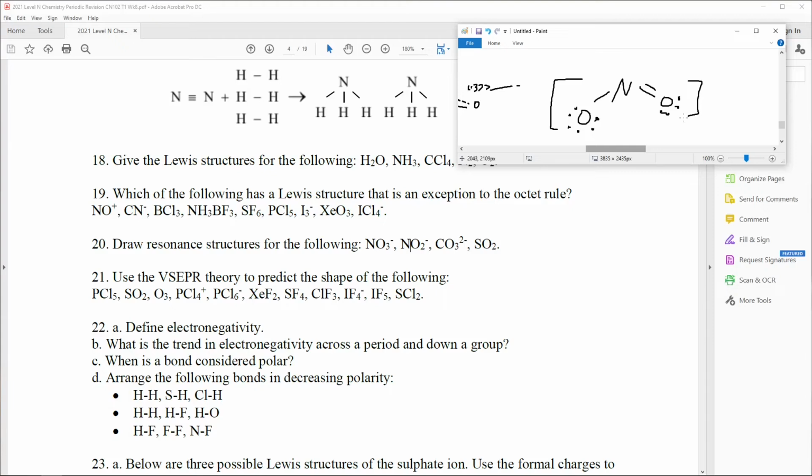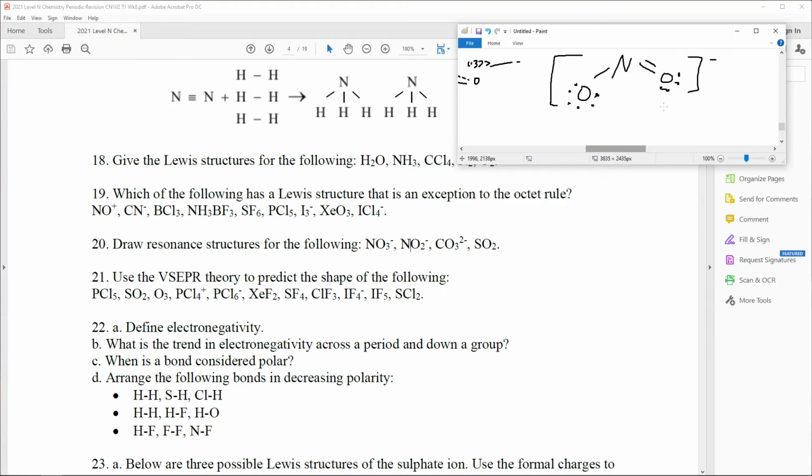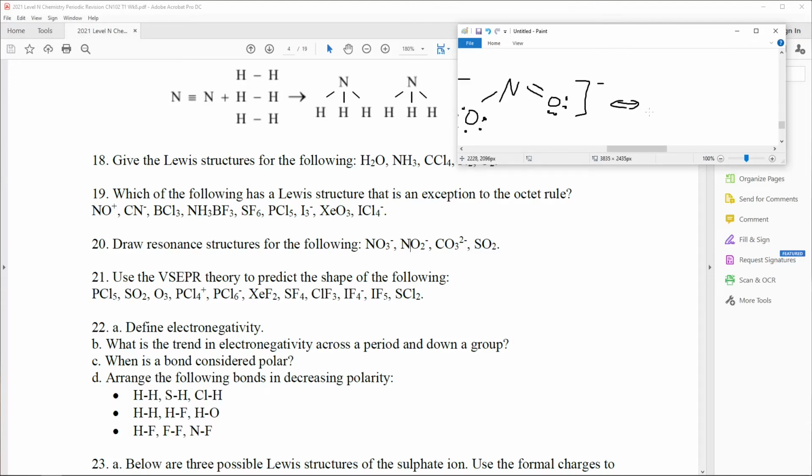NO2 minus. So you'll have it like this, and then of course the resonating structure would have the double bond on the other side, like this. And like that. And we're done pretty much. The rest follow the same manner.